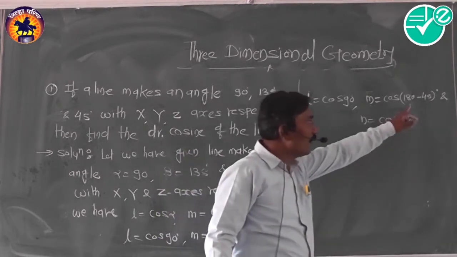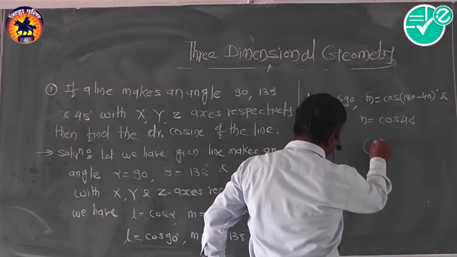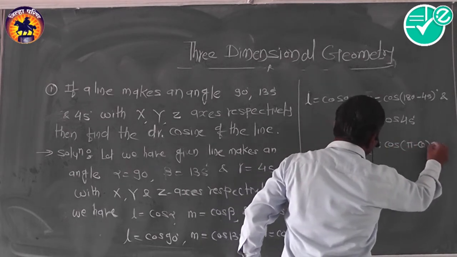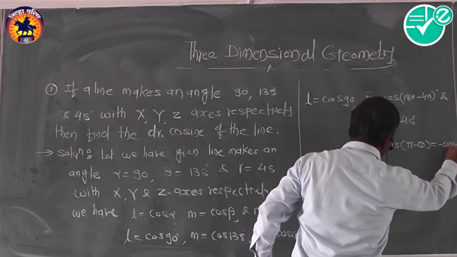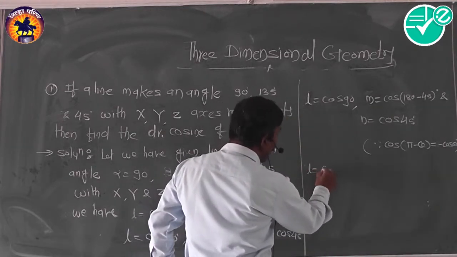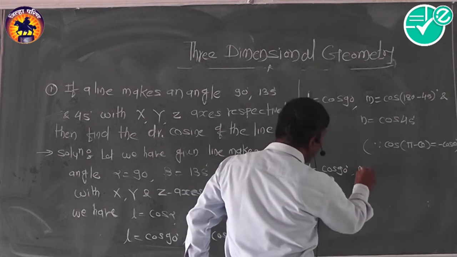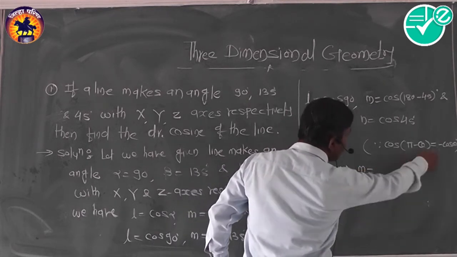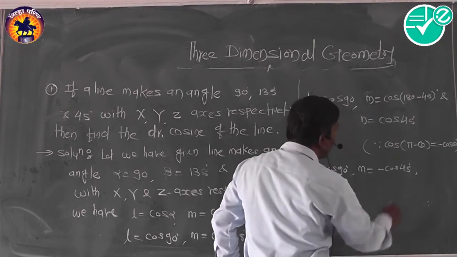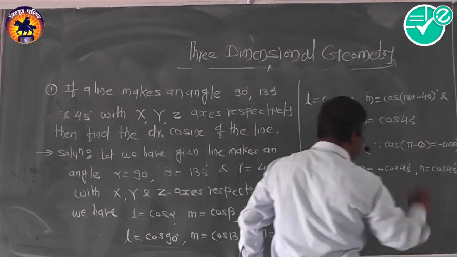Here we have used the allied angle formula, that is, cos of pi minus theta is equal to minus cos theta. So l is equal to cos 90, m is equal to minus cos 45 degrees, and n is equal to cos 45 degrees.